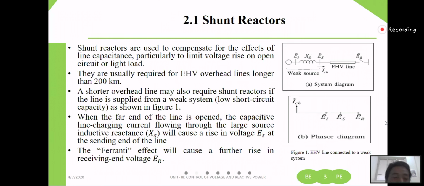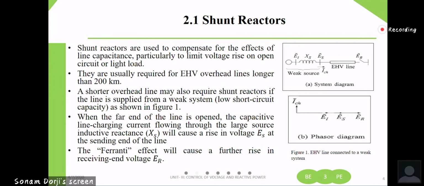So now any idea? If it is zero, is it advisable to have reactive power zero? What will happen if reactive power is zero? There will be no power flow, no sir.